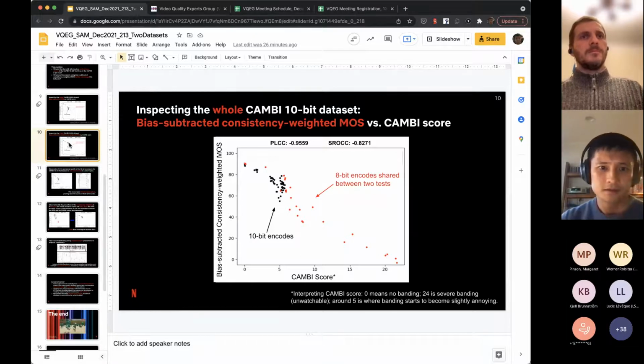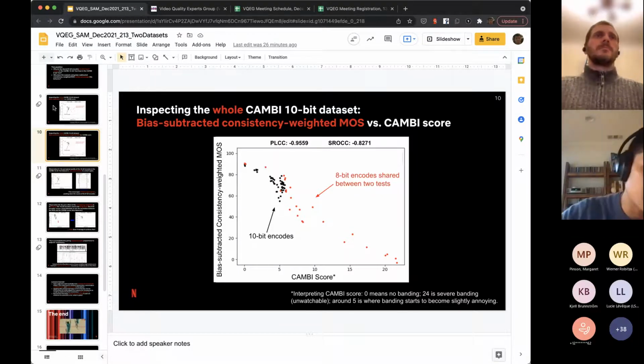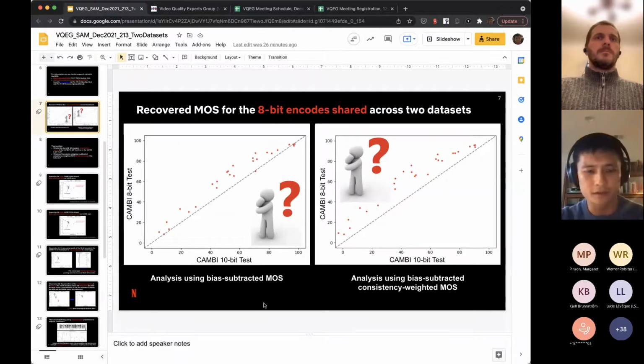So basically, you have at least the issue that these red points are probably rated lower in this experiment than they were rated in the 8-bit only dataset, right? Yes. Is this correct? Yeah, I can go back to this one. That would be more obvious, right? I mean, if your 10-bit sequences are better than the 8-bit in general, then this is kind of expected.